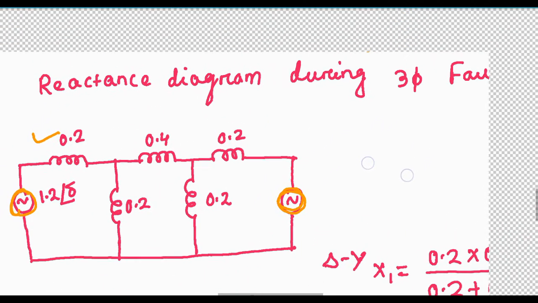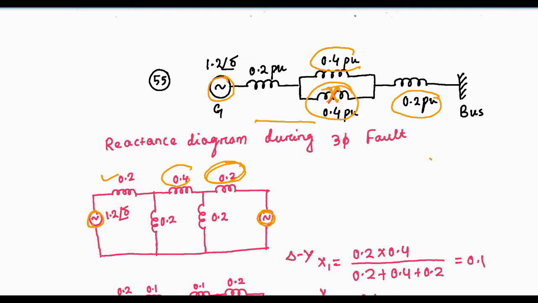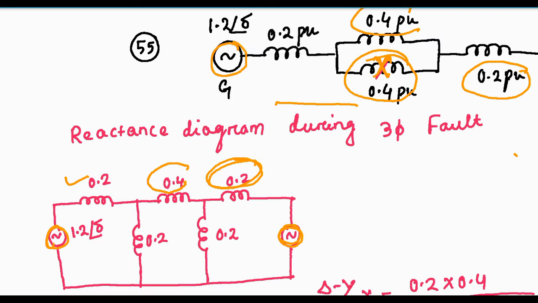And now here this 0.4 is here, and this 0.2 is here. So where did this 0.4 go? When the fault occurs, I have divided this into two parts, and both are in parallel, because as the three phase short circuit fault occurs, these reactances will be divided into two parts.